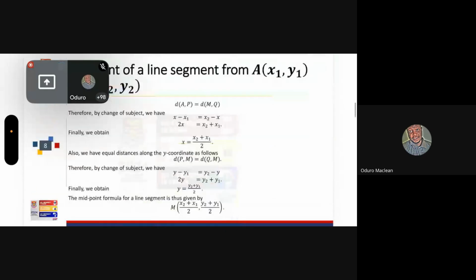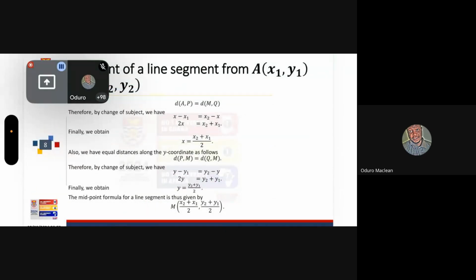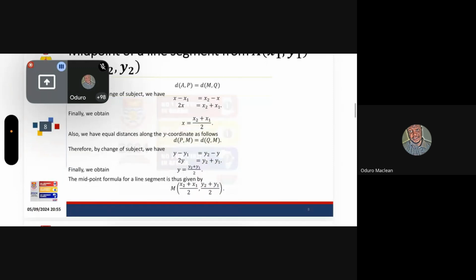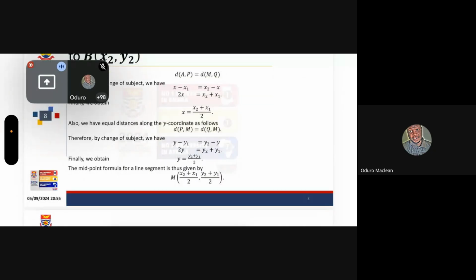So that is from Q to B. So I'm going to get y minus y1 is equal to y2 minus y. Then I make y the subject. When I rearrange this, I get 2y is equal to y2 plus y1. I divide through by 2, and my y is going to be y2 plus y1 over 2.